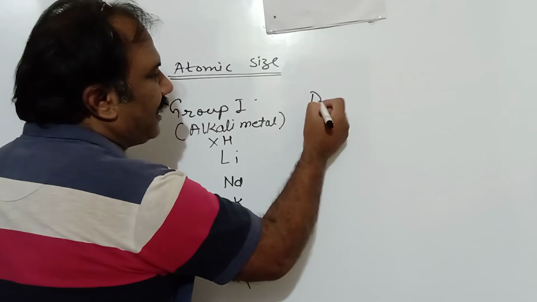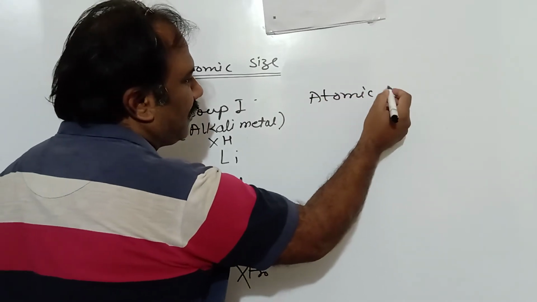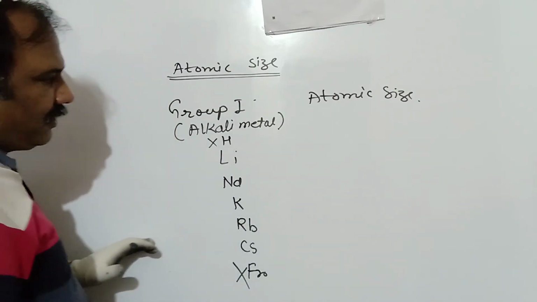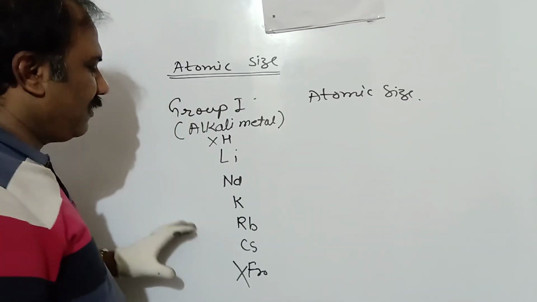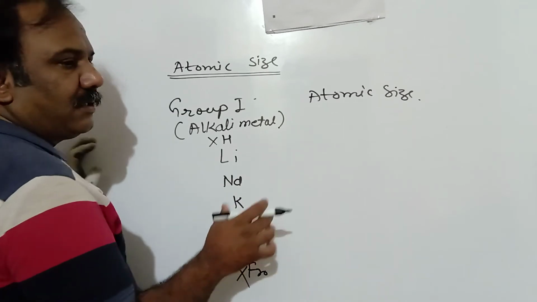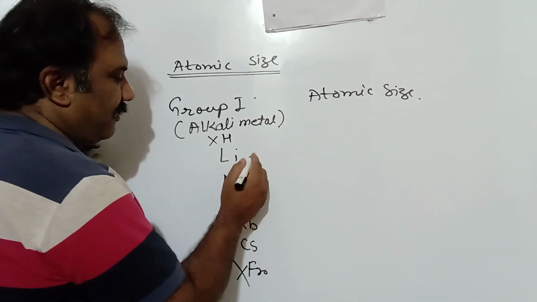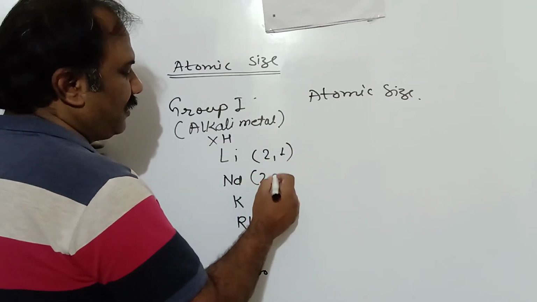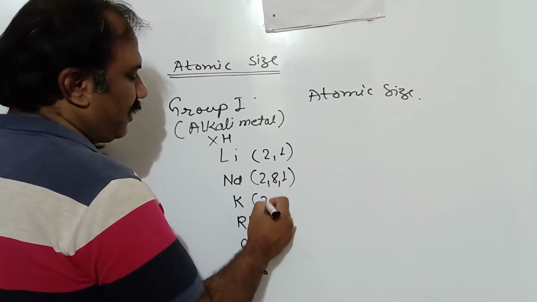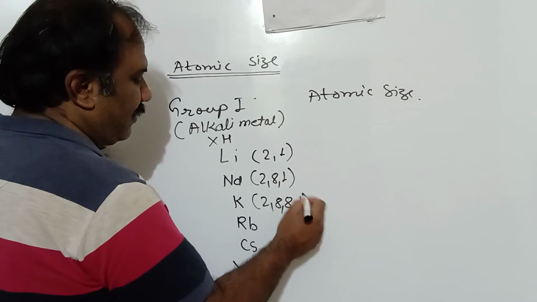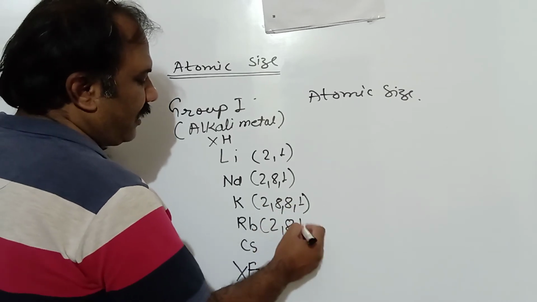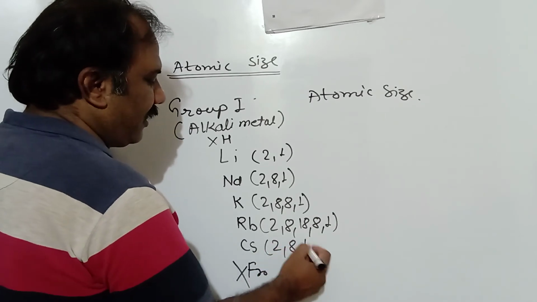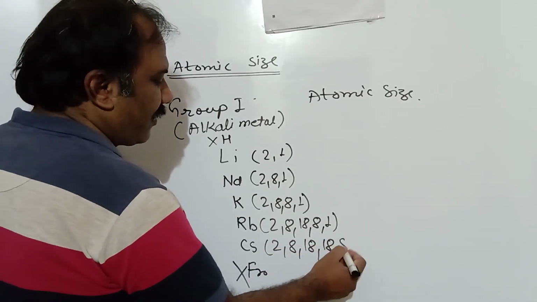And what is the atomic size? First of all, we will see the electronic configuration of these elements. Lithium is 2,1, sodium is 2,8,1, potassium is 2,8,8,1, rubidium is 2,8,18,8,1, and then cesium 2,8,18,18,8,1.